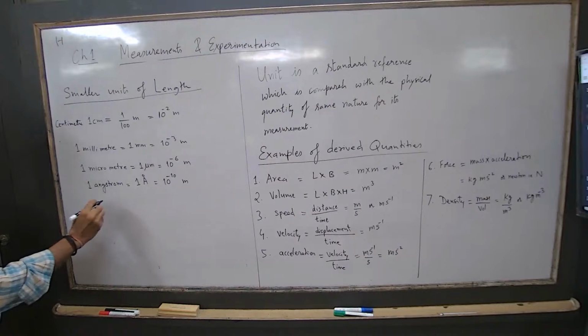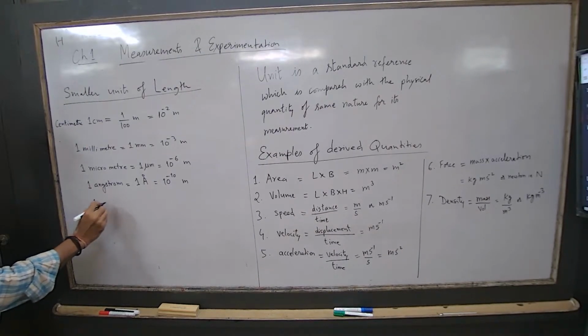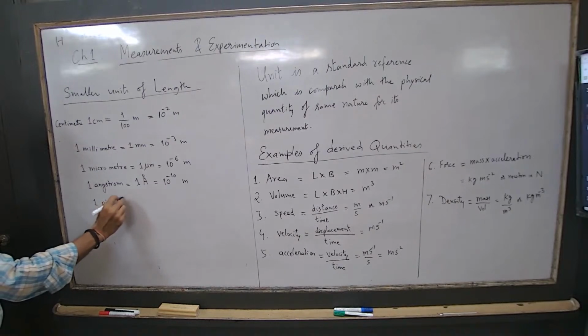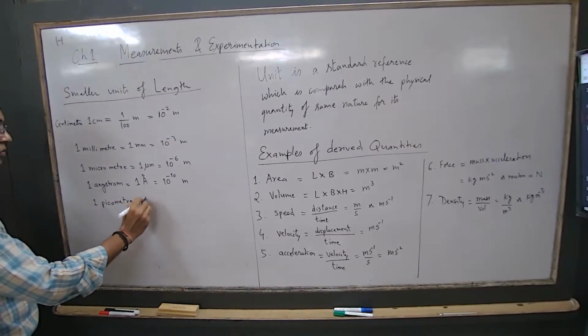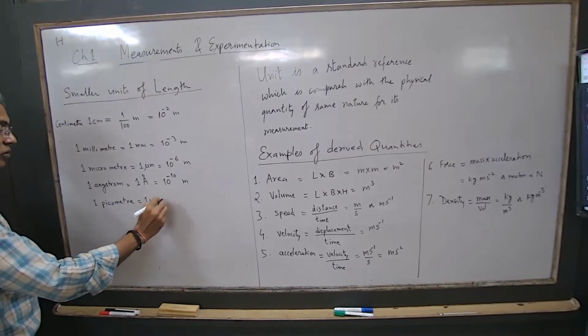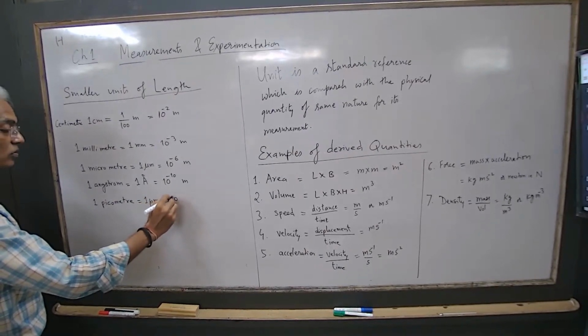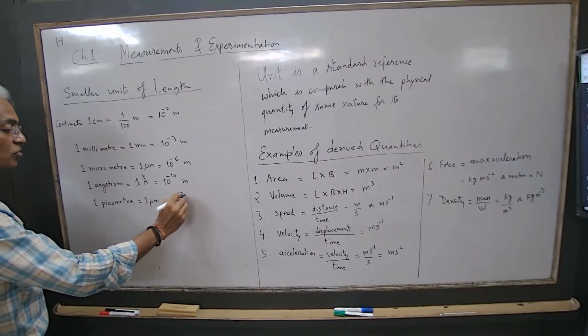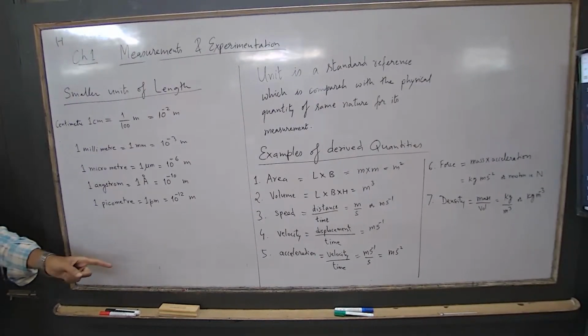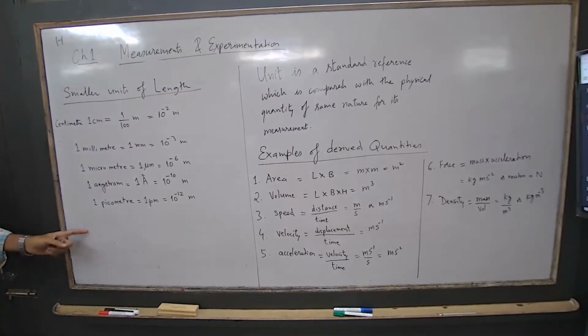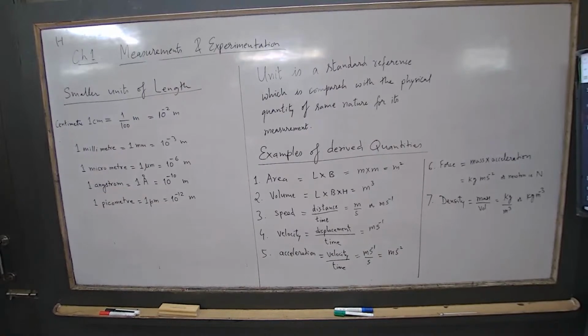Then you have 1 picometer. This is the prefix, and this is 10 to the power -12 meter. If you make 100 parts of a hydrogen atom, that's 1 part, a 100th of an angstrom.